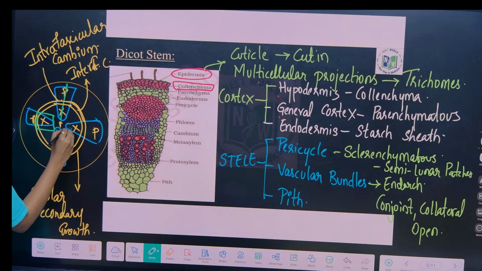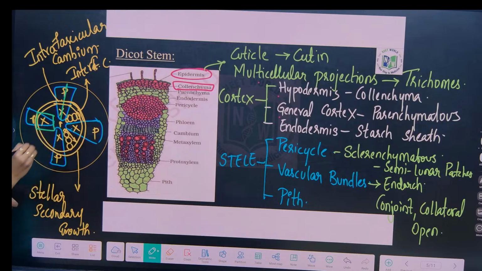Protoxylem is towards the center and metaxylem is towards the periphery, like this. So here it is centripetal in its developmental pattern, from the center to the periphery.